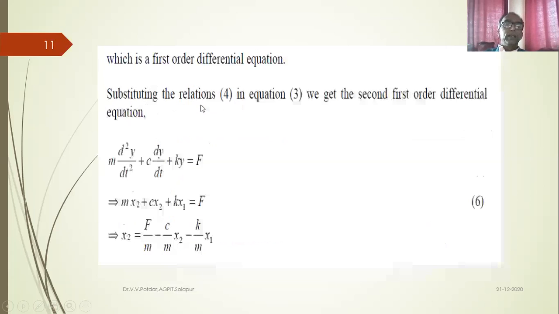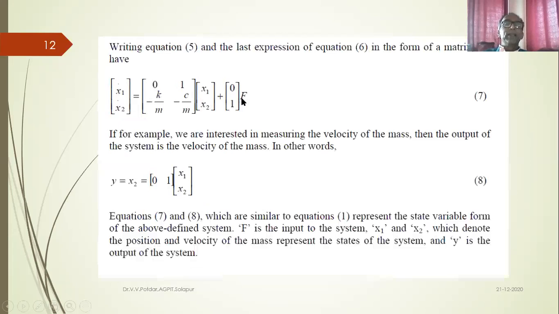And f by m, here it should be 1 by m, correction, 1 by m into f. So this will be my matrix converted equations.